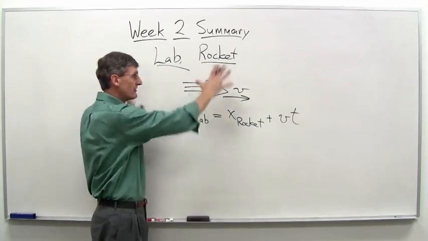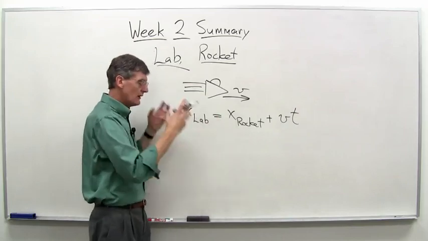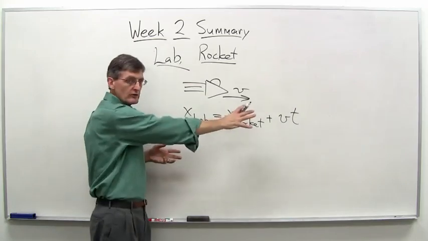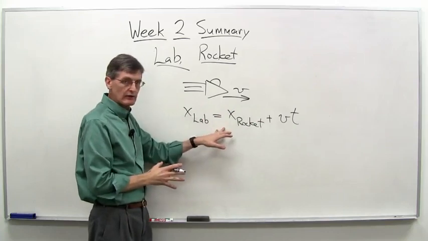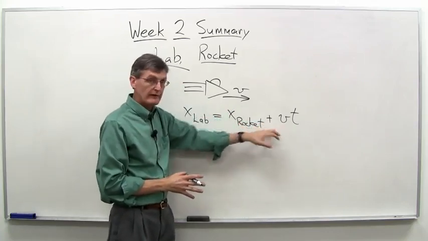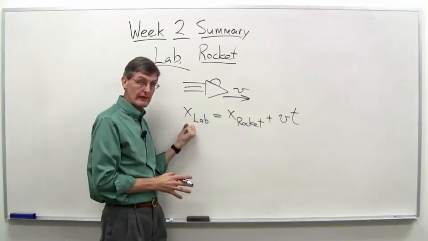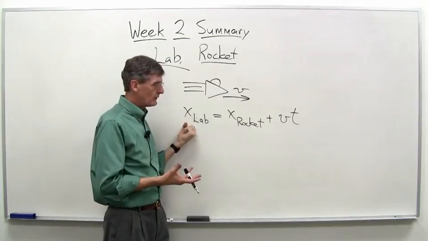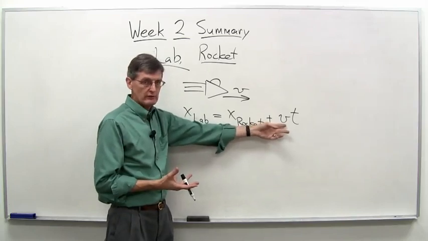So if you remember this basic situation, lab frame, a rocket moving to the right, here's the Galilean transformation. If I measure something in the rocket frame, and I need to find its location in the lab frame, the stationary frame in our example, you just add vt to it.